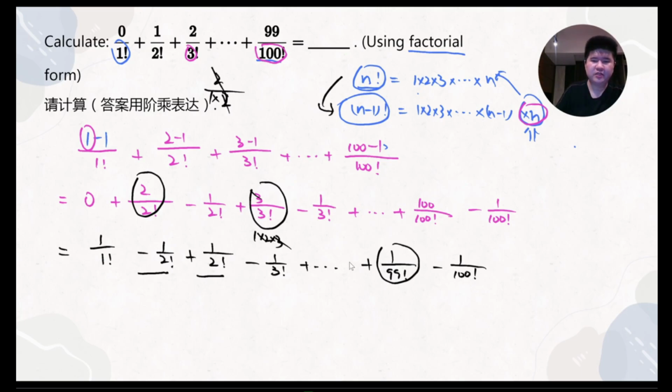And for this part, all the terms in the middle just cancel. The answer is 1 minus 1 over 100's factorial.